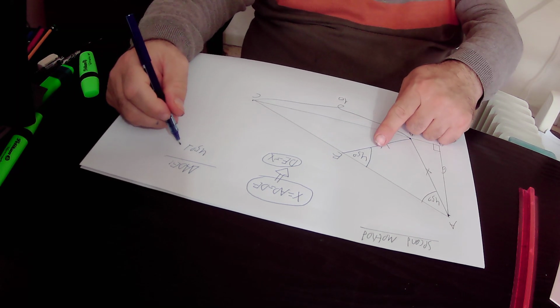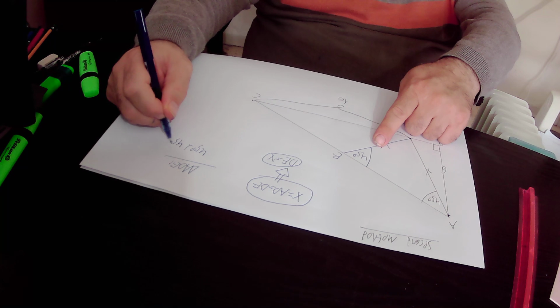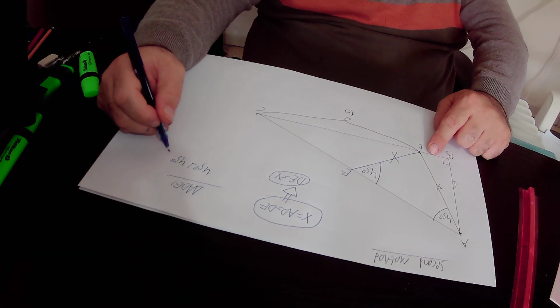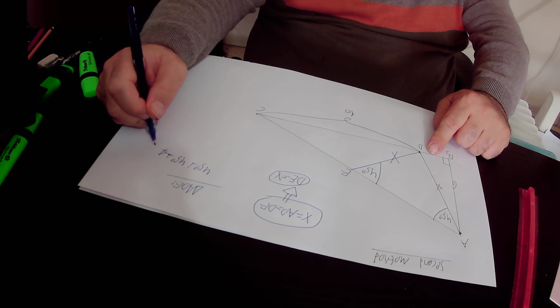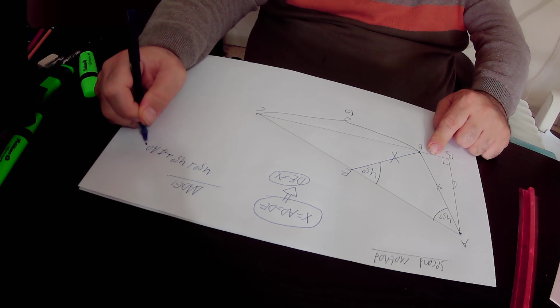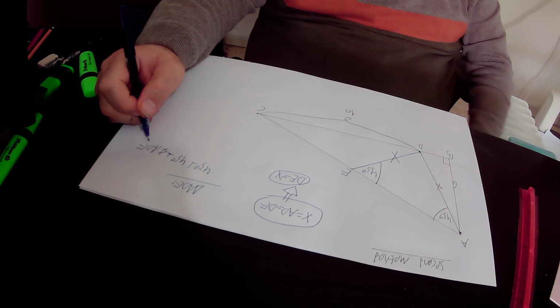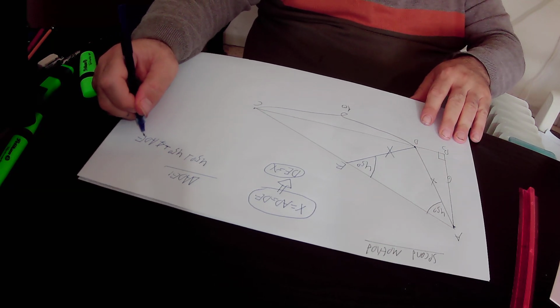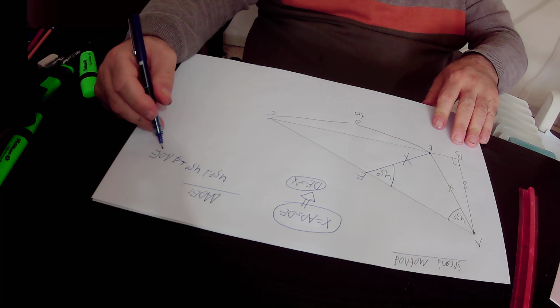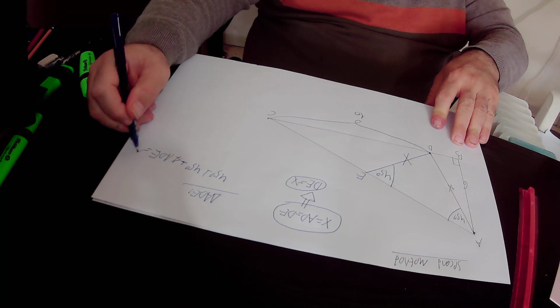We have the second angle that is also equal to 45 degrees. And we have the missing angle, angle ADE, and the sum of those three angles in total must be equal to 180 degrees.